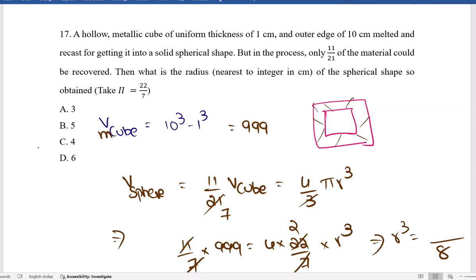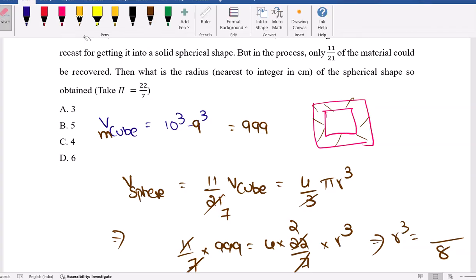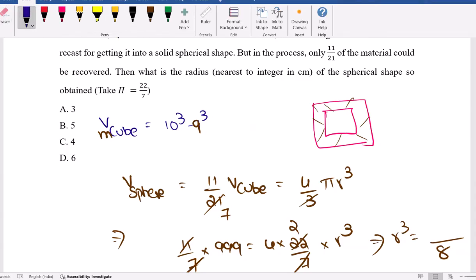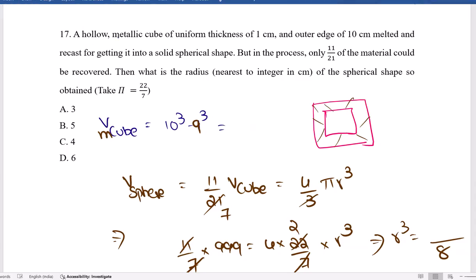Oh, it is 10 cube minus 9 cube, guys. 1000 minus 729, which is 261.